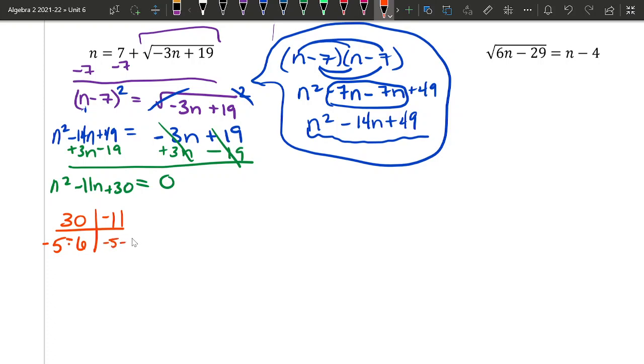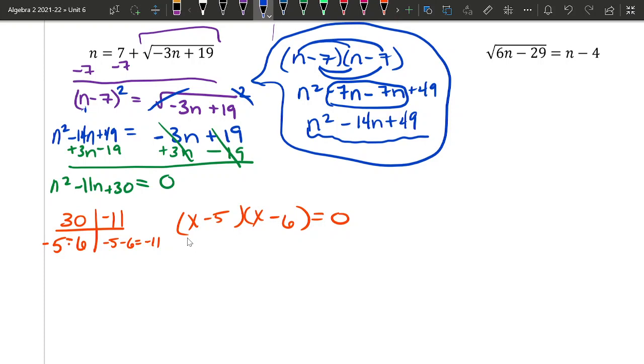And negative 5 minus 6 is negative 11. So those are the factors. Split up the n's. Negative 5, negative 6. Since the a value was 1, whatever's in front of n squared, that's 1. When I divide by 1, it doesn't change anything. So we're done factoring.